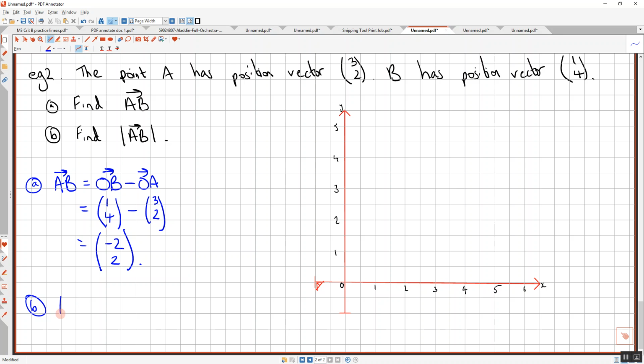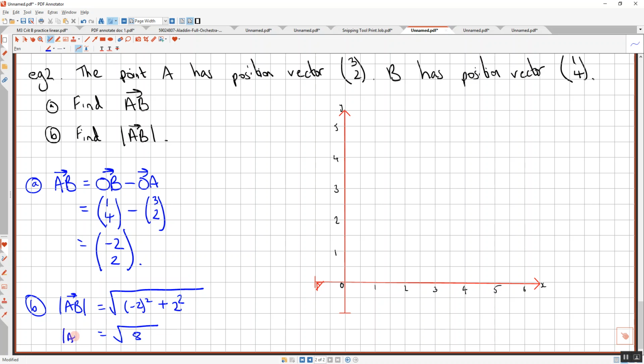Now to work out the magnitude of A to B, I have to use Pythagoras. Actually, I can just do this. So it's going to be the square root of -2 squared plus 2 squared, so that's the square root of 4 plus 4, which is 8.